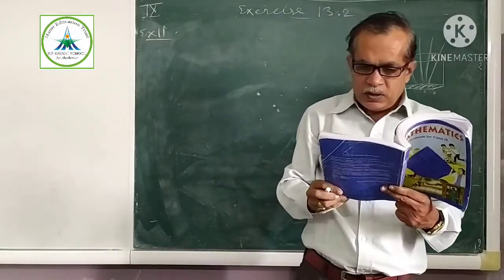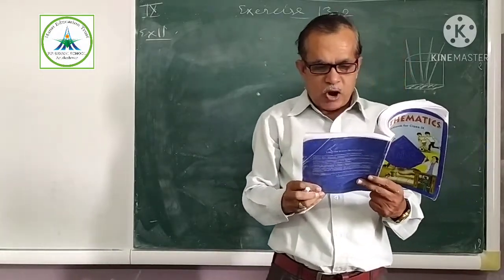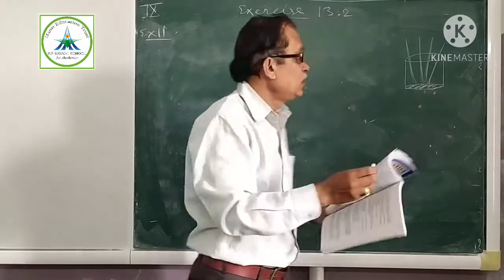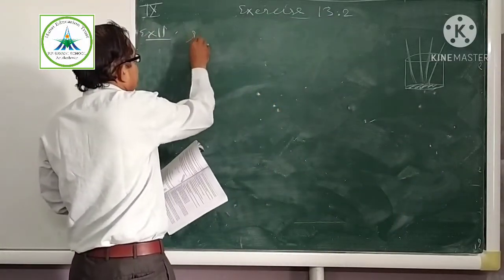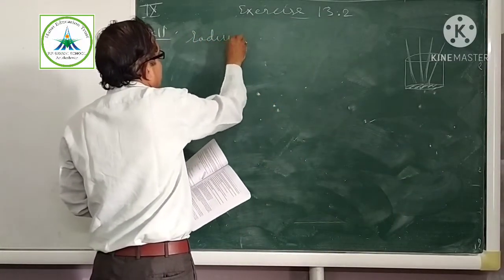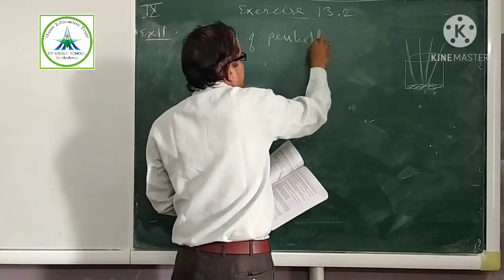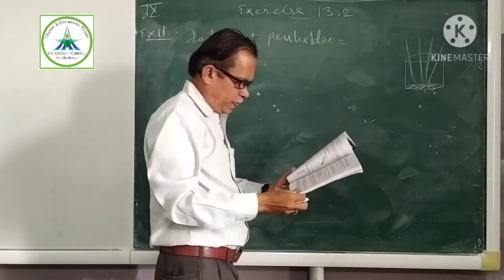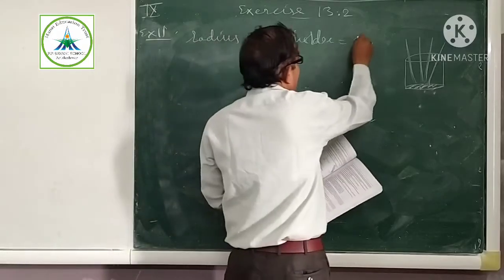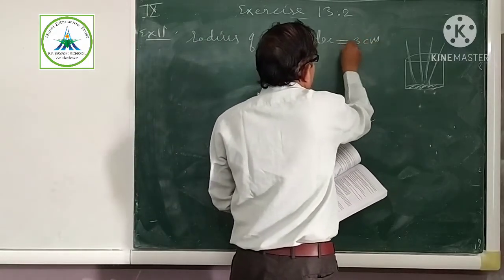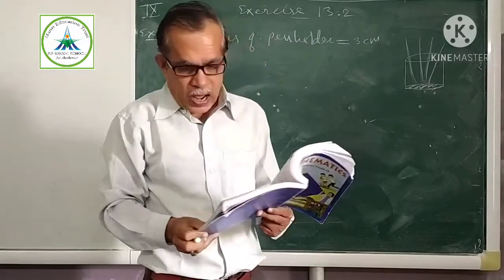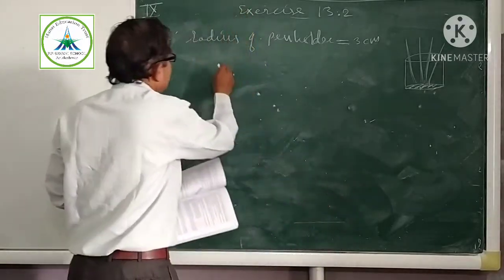Now see, each pen holder was to be of radius 3 centimeter, and height 10.5 centimeter.